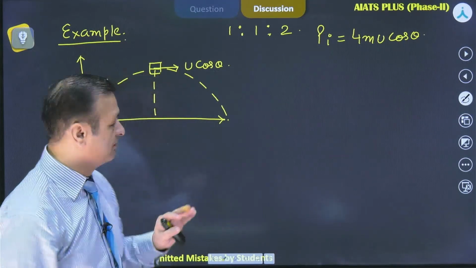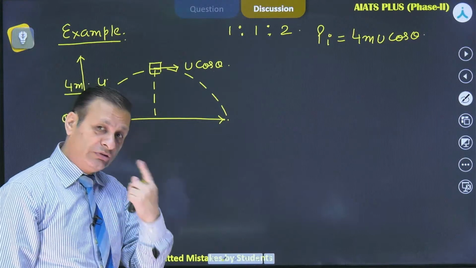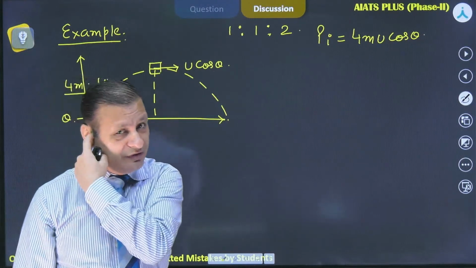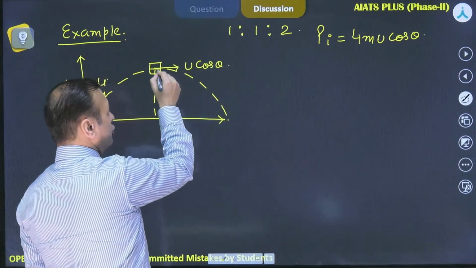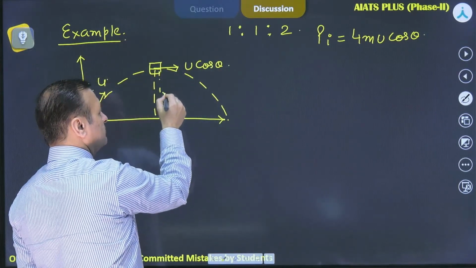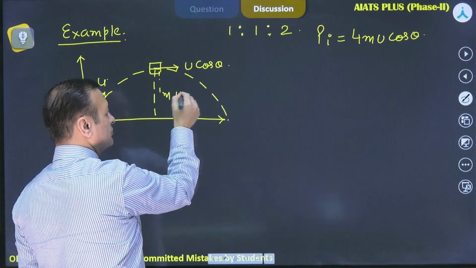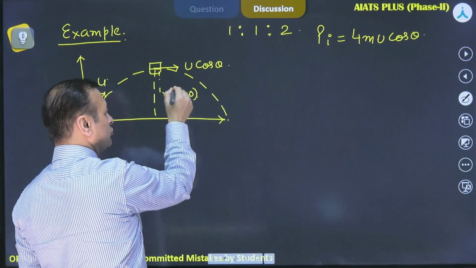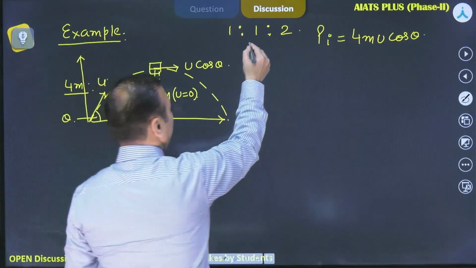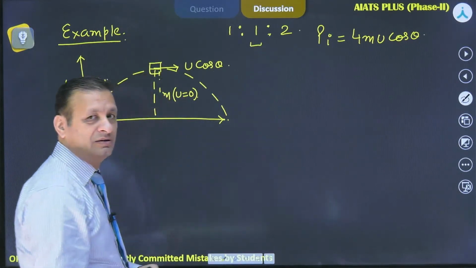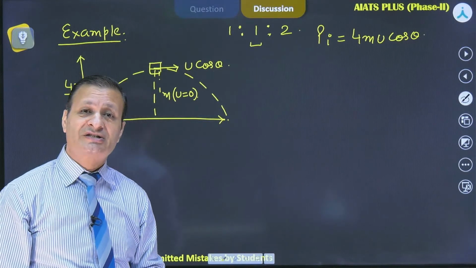Now listen to the question further. This first particle just drops. So this mass m just drops, so its speed is 0. The other particle retraces its path.